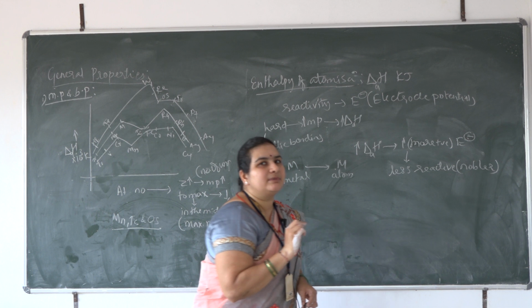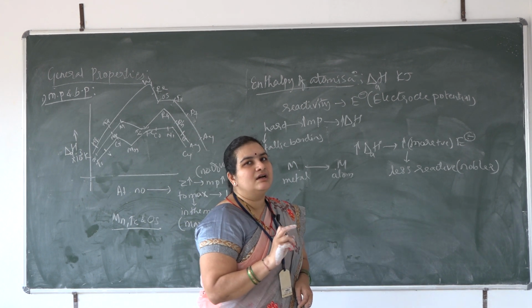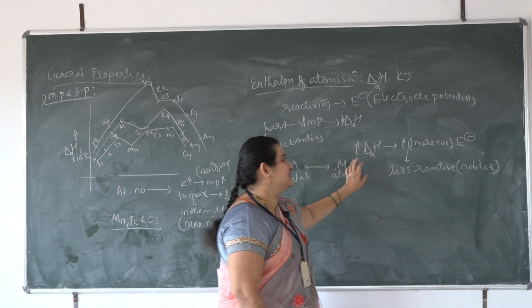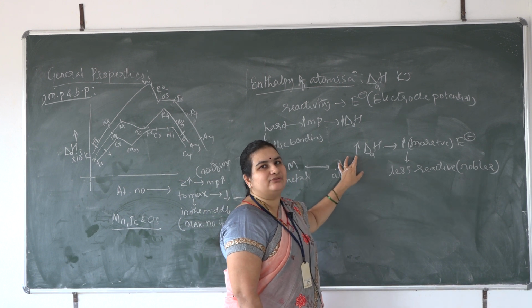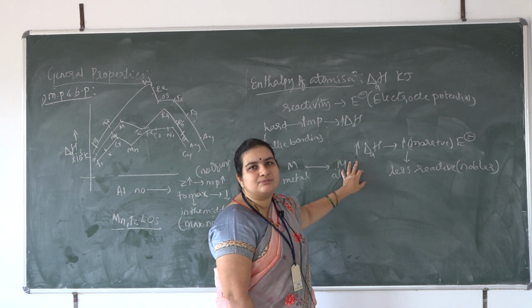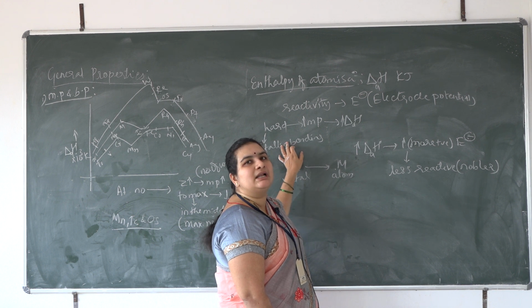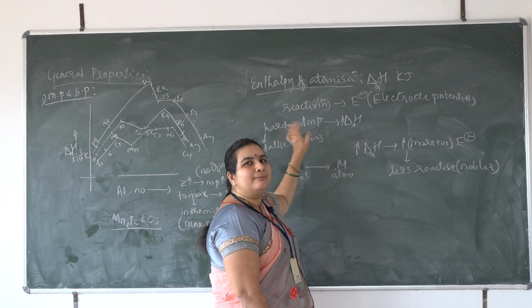Okay, so the relation between enthalpy of atomization, reactivity and electrode potential is like this. Higher the enthalpy of atomization, that metal, why higher the enthalpy of atomization? Because of these reasons: strong metallic bonding, hardness, higher melting point.